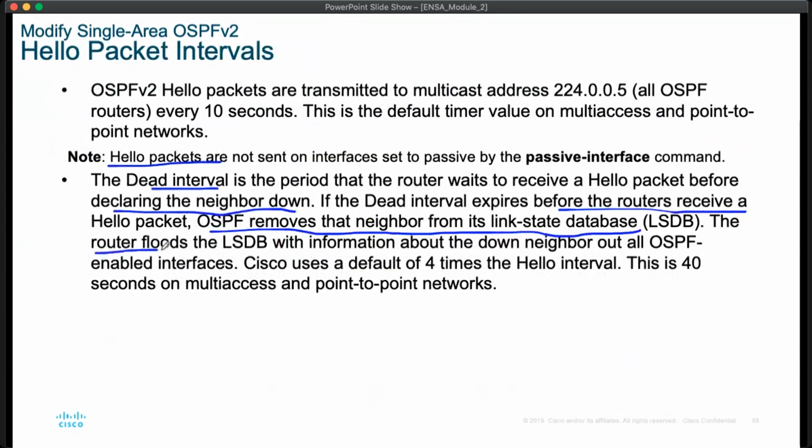The router floods the LSDB with information about the down neighbor out all OSPF-enabled interfaces. Cisco uses a default of 4 times the hello interval. This is 40 seconds on multi-access and point-to-point networks.